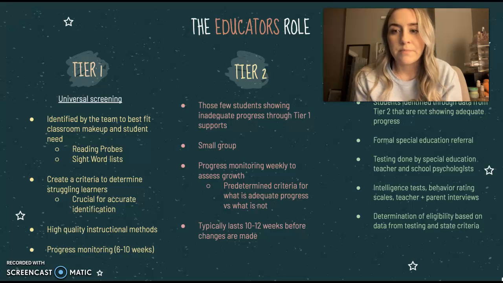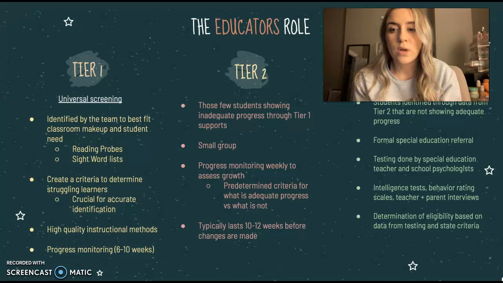Again, depending on the learning need that you're working on, it could be in addition to Tier 1, it could be a full replacement, but oftentimes will be a small group setting being administered by a special education teacher or a trained paraprofessional, somebody who's gone through training in the implementation of the specific intervention.